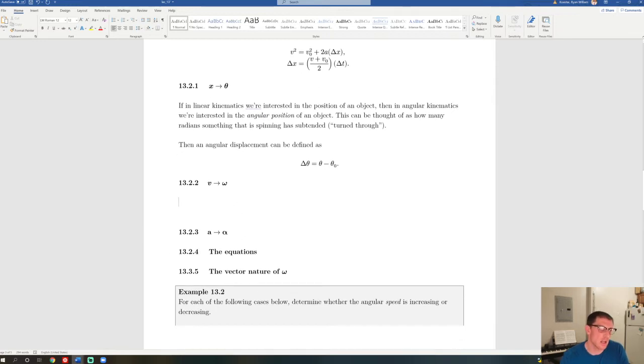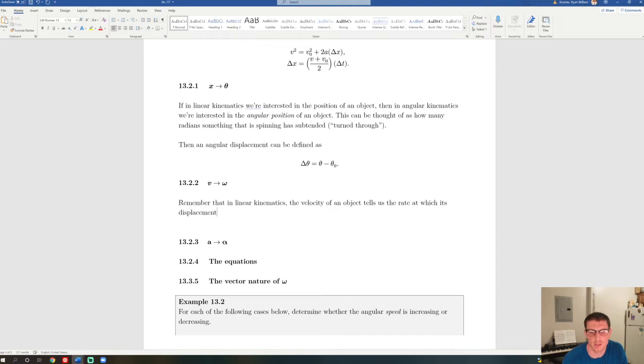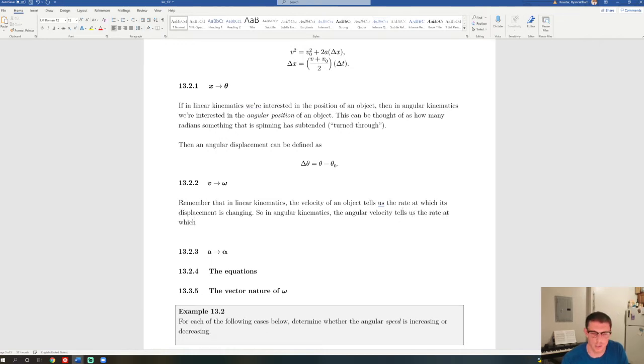Anyway, so let me just say this. Remember that in linear kinematics, the velocity of an object tells us the rate at which its displacement is changing, right? So in angular kinematics, the angular velocity tells us the rate at which the object's angular position or displacement is changing.